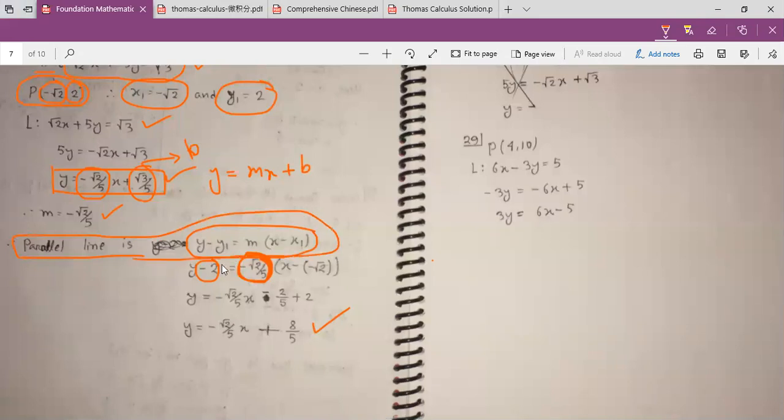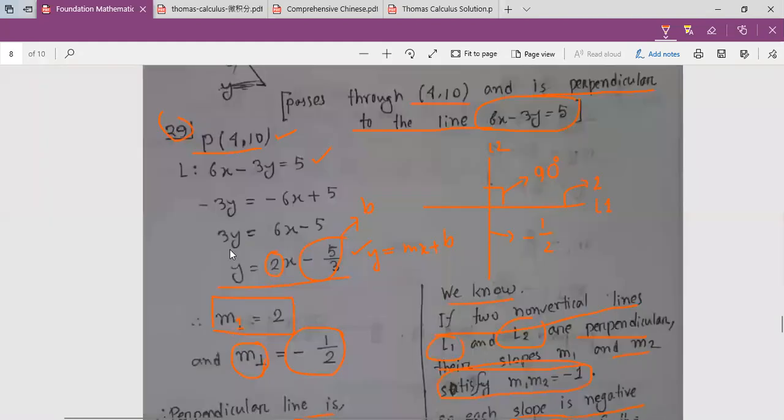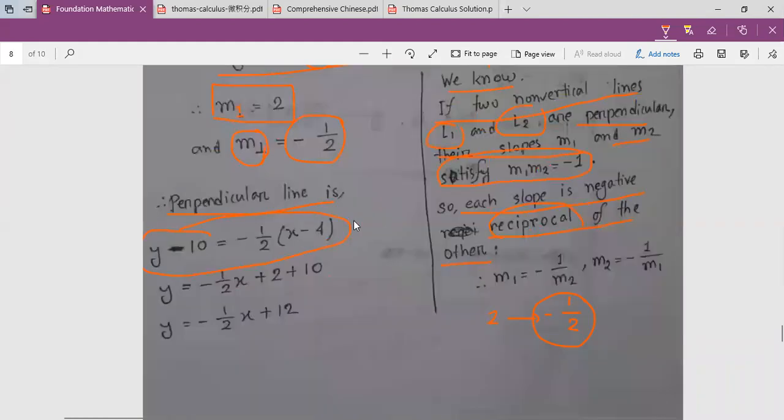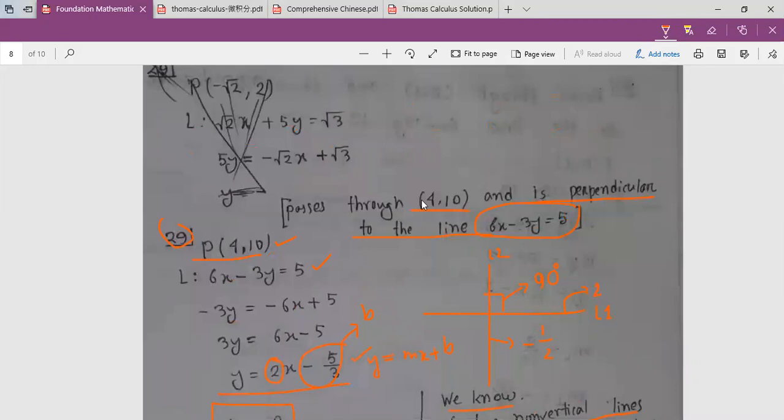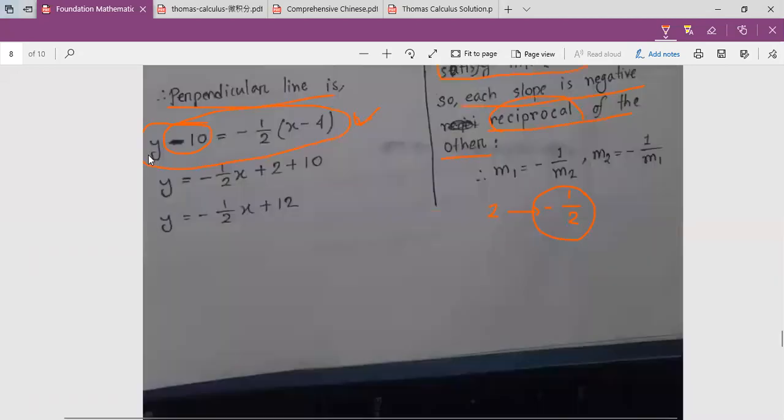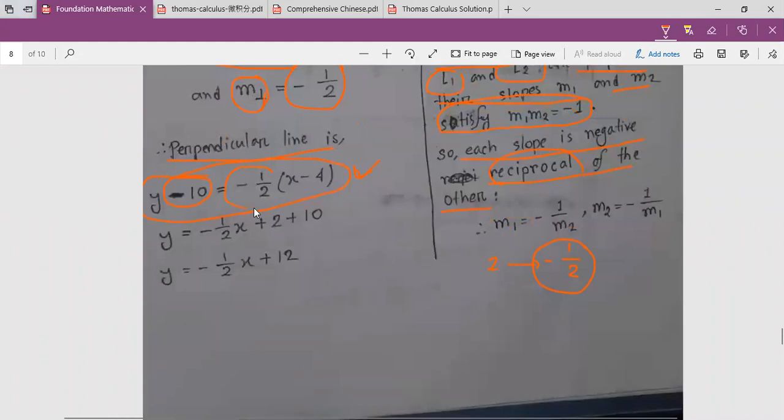For a perpendicular line, this will also be the same: y minus y1 is equal to m times x minus x1. This is our y1, and this is our x1.